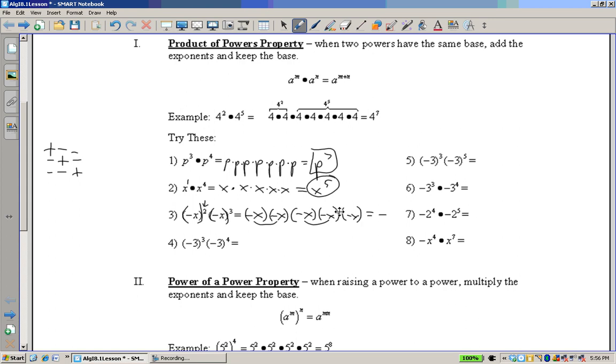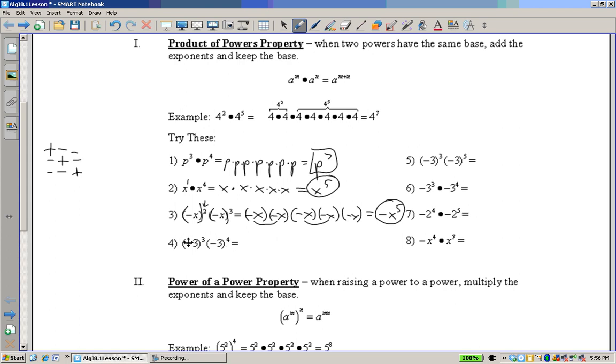Now, we don't know what's represented by x. We're not sure if x is positive or negative, but we know it's going to be the opposite of whatever this ends up to be. So just one negative left over, and then we have 1, 2, 3, 4, 5 x's. So the opposite of x to the fifth.